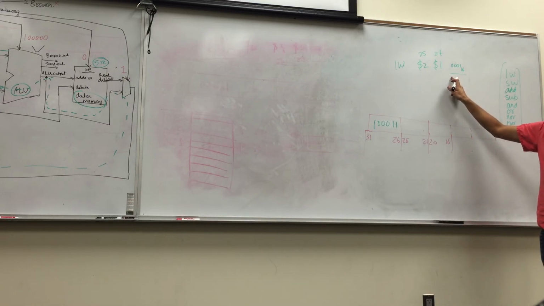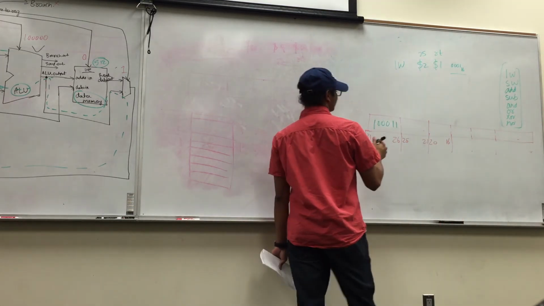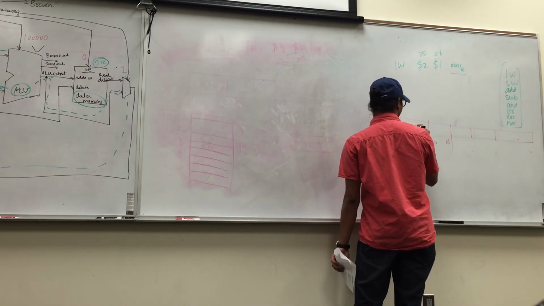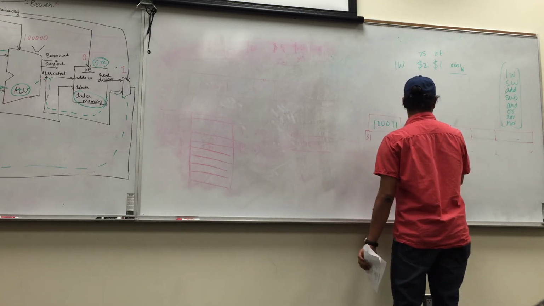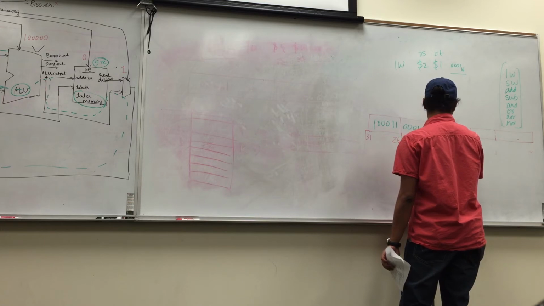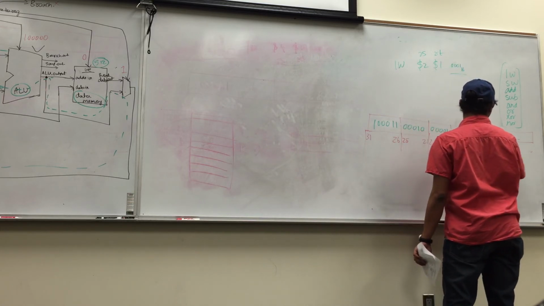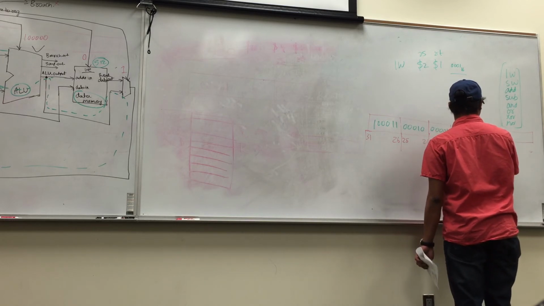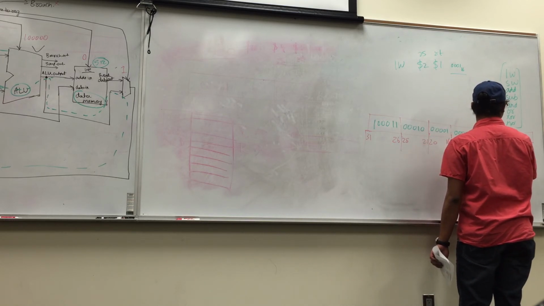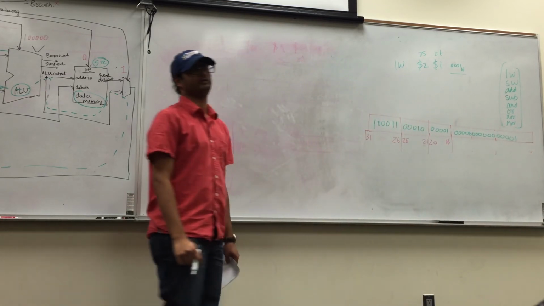I'm not sure. Just assume this first, okay? So RS is 2, so 00010. RT is 00001. Okay, and then there is a decimal value, so 16 bits. Okay, so this is my instruction.